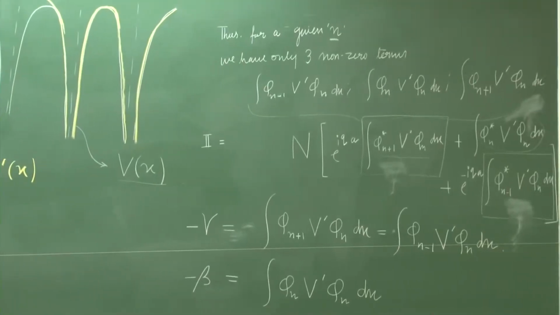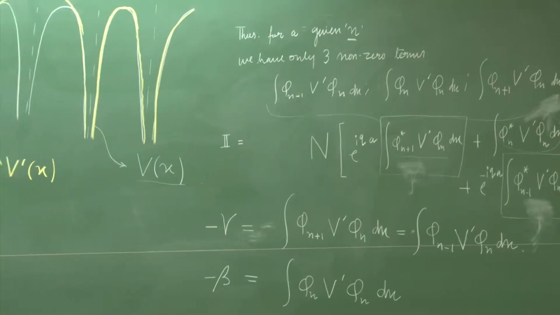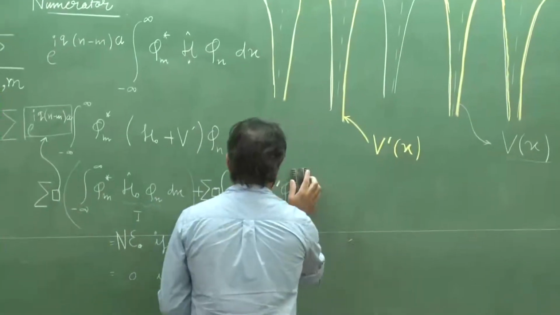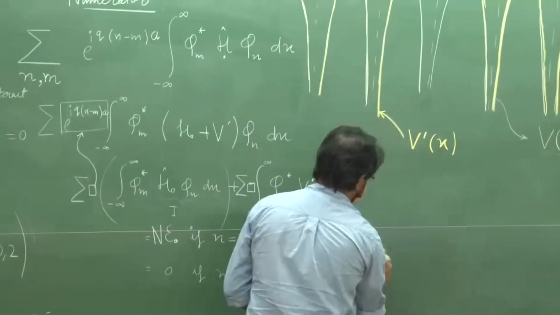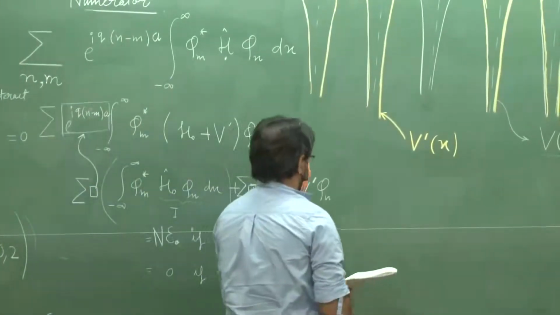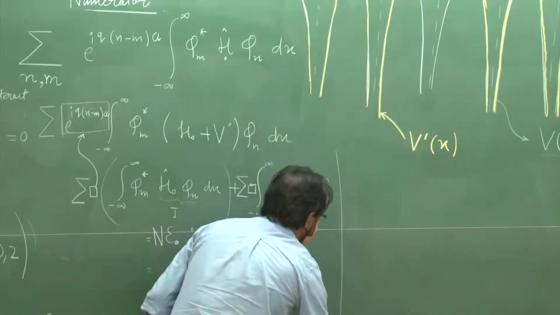So we are now ready with the expression. You remember that the first piece is N times E naught. So I am now ready to write the energy E_q star finally.